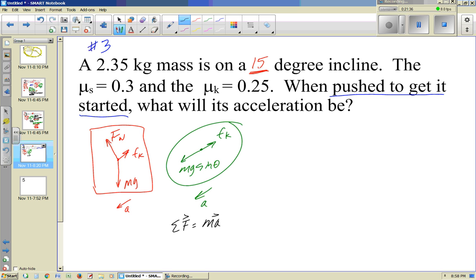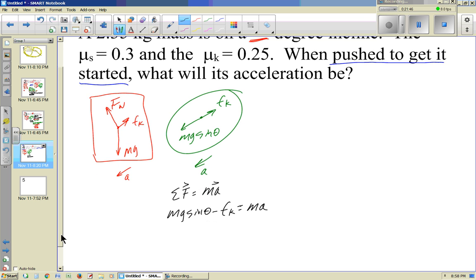And the net force here would be mg sine theta minus Fk equals ma. Since we know it will accelerate, we'll expand that to mg sine theta minus mu k Fn equals ma.